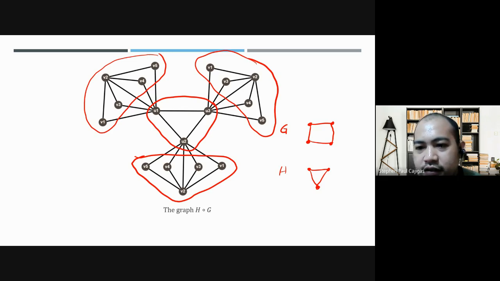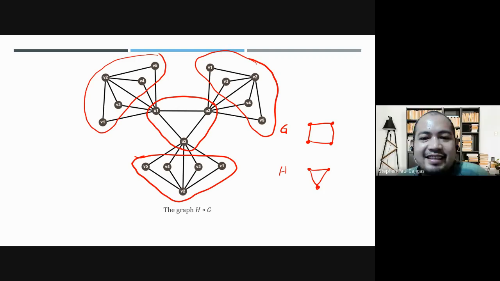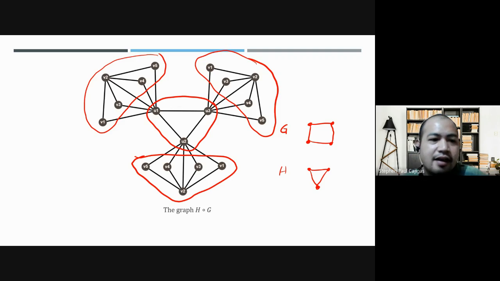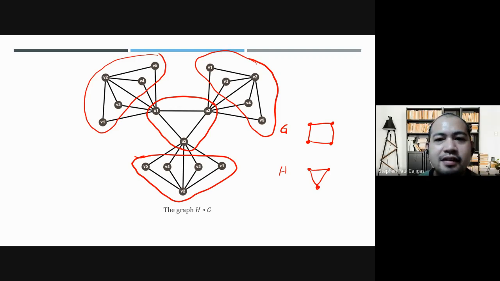Oh, Jane disappeared. Renel. Sir, you can try. We will not judge you. Can you go, Gerald? Almost done, sir. Once the camera is on, go. G circle H, sir. Nimrod, you again.